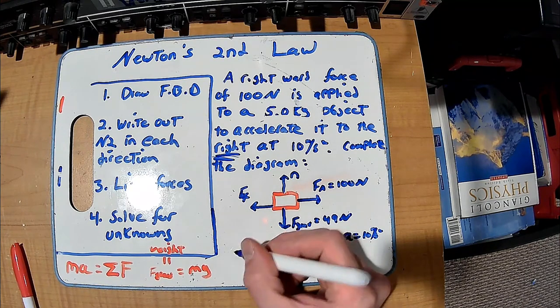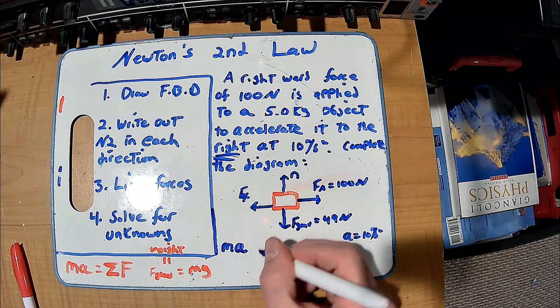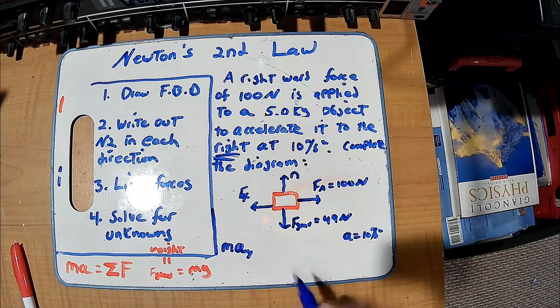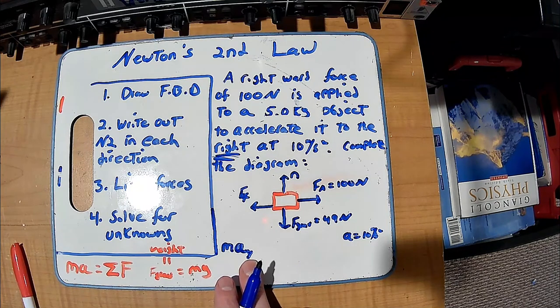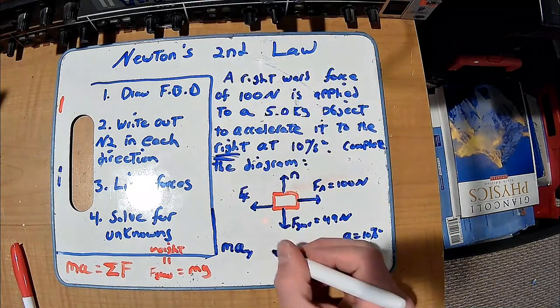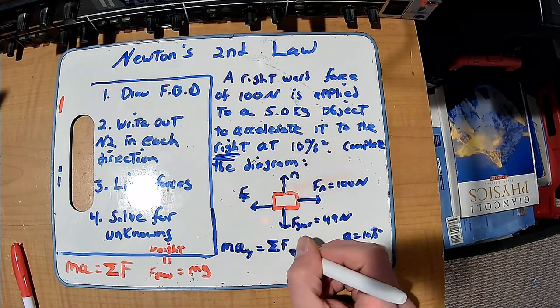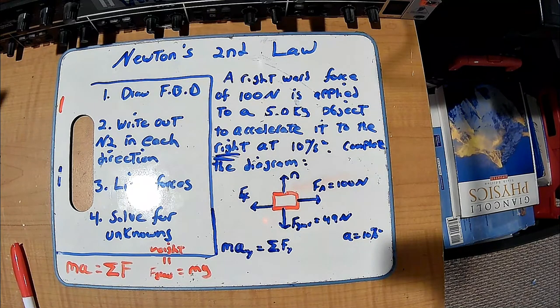But watch what I do here. I'm going to write the mass times the acceleration. And I'm going to put a little subscript y here for the y direction. Think about in math. In the y direction, we mean vertically, up or down. And then net force. And I'm going to put another y for the y direction. Okay? So that's Newton's second law. That's step 2. We're done.